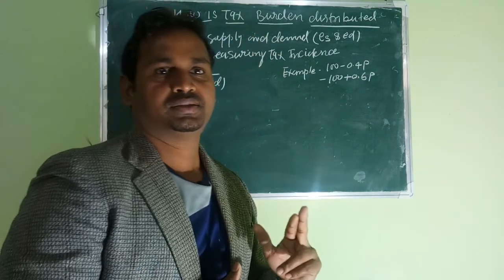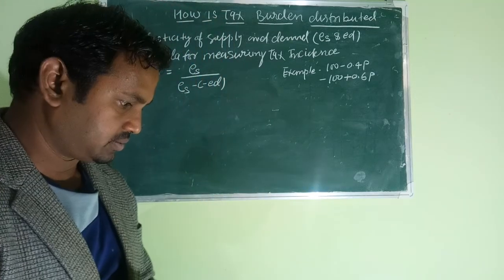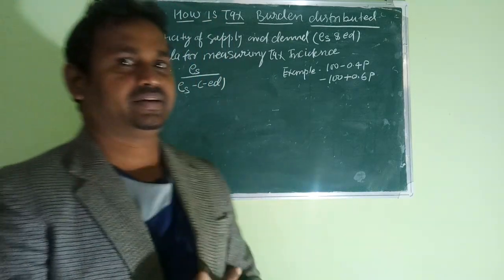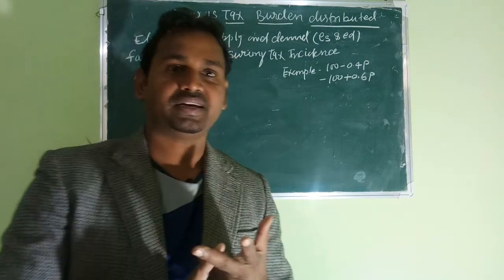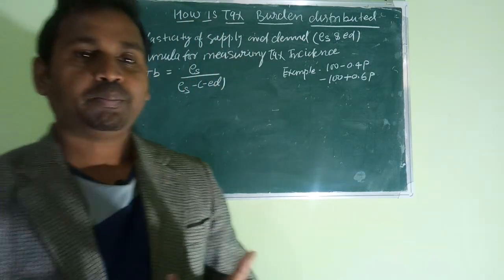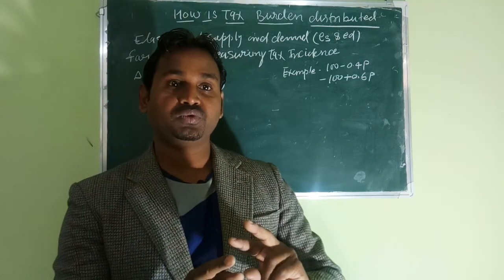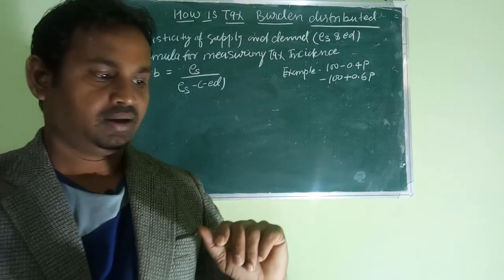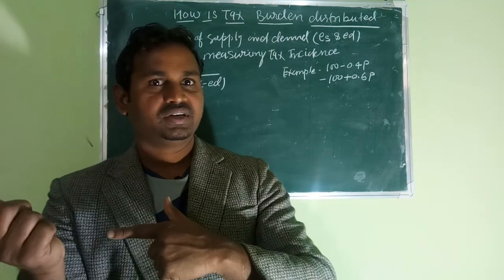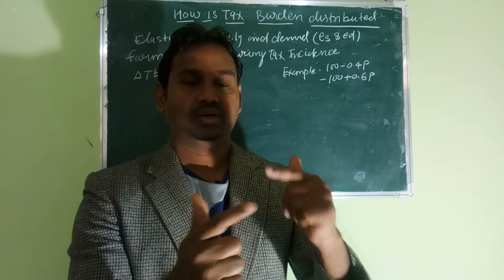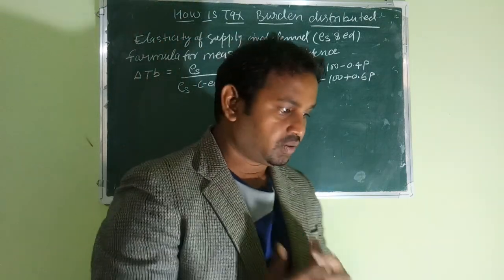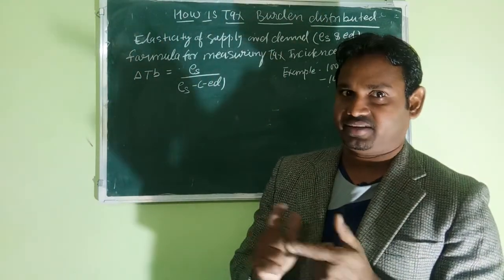There are two types of tax, direct tax and indirect tax. If the government imposes an indirect tax, there are two variables: one is incidence and the other is impact. Impact is on whom the government imposes the tax, the particular seller or buyer, but the final effect on the seller or buyer is called the incidence. If the tax is shifted, it is called an indirect tax.